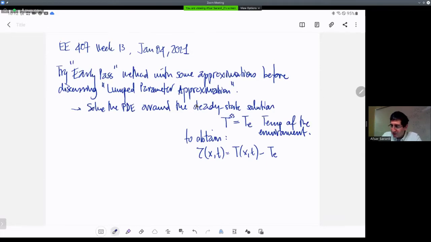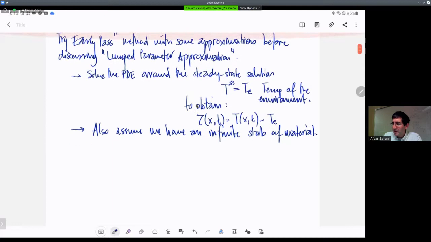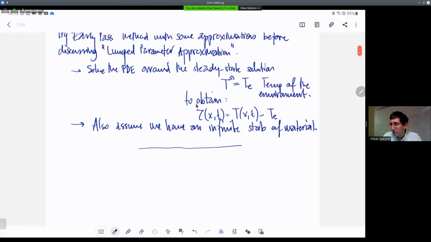We will also assume that we have an infinite slab of material. That means we will assume that we have this insulator, right?